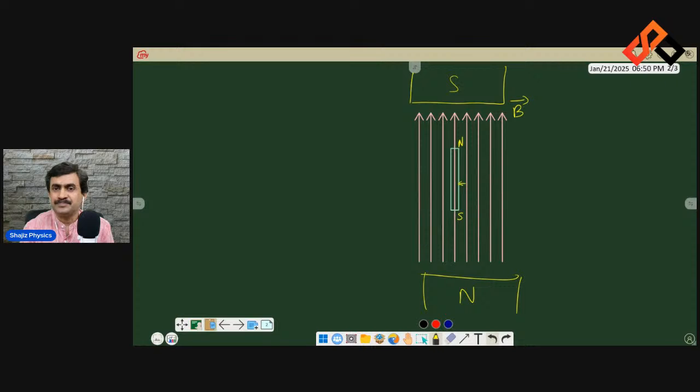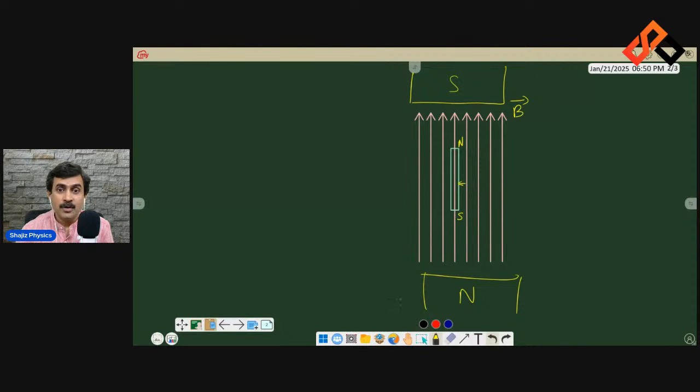This will be the tendency of the magnetic dipole. Now, in this position, it is at the most comfortable position because north is near to south, and the south pole is near to the north pole. So the repulsion is minimum and attraction is maximum. So it is in the most comfortable position.